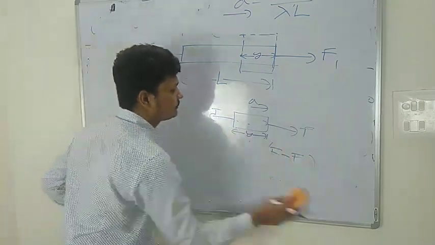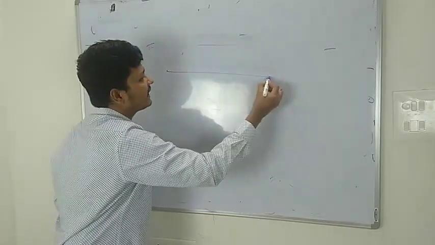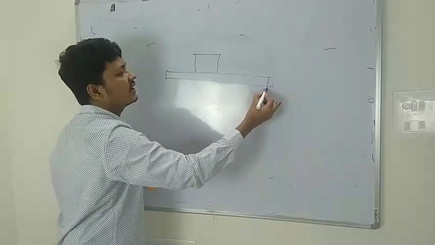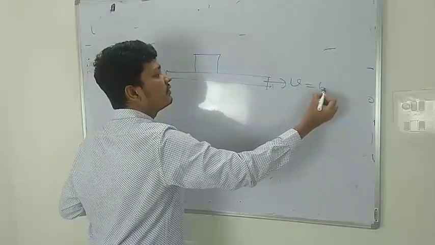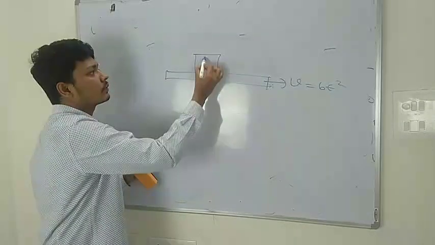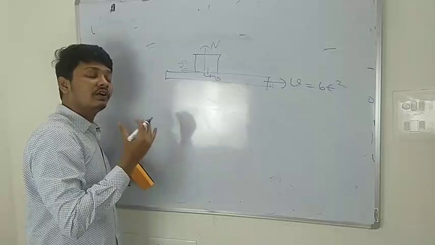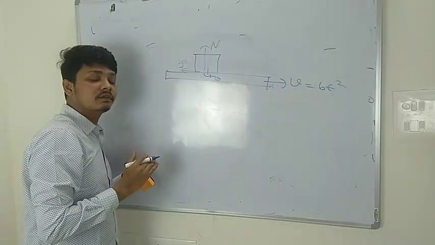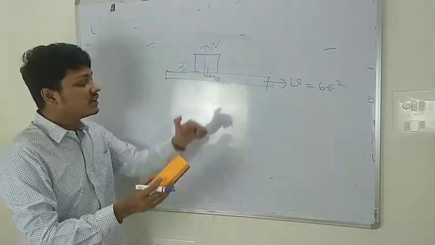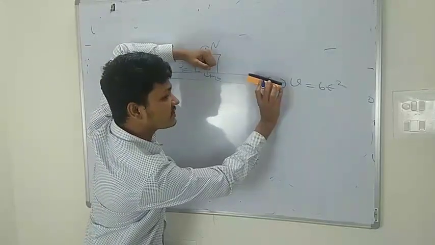So you have a plate like this and a block like this. Now this plate starts moving with velocity v equal to b t square. Here mg is acting, normal force is acting, and friction is acting. There is a tendency for relative motion, because the block is at rest and the plate is trying to move to the right side.